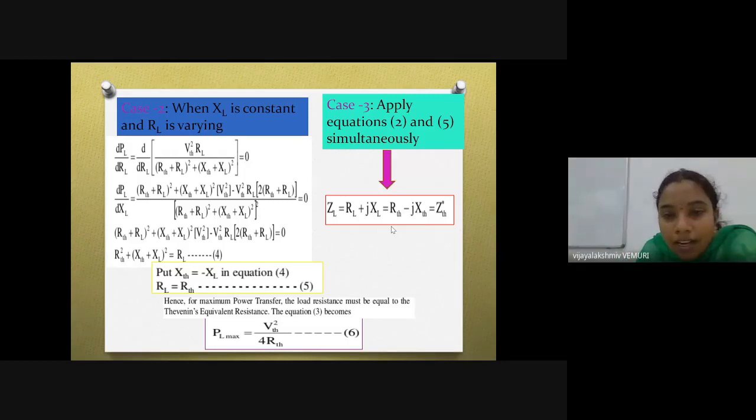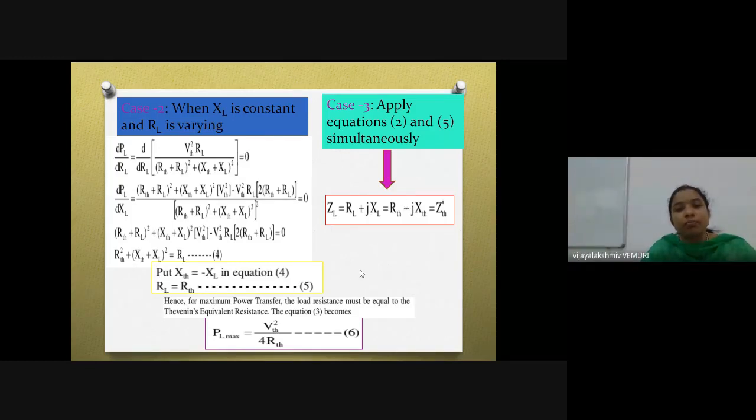So when ZL is equal to ZTH conjugate, what is the meaning of conjugate? When this value is RL plus JXL, the complex conjugate is nothing but making the imaginary value negative. Right? So when ZL equals ZTH conjugate, then only maximum power will be transferred.